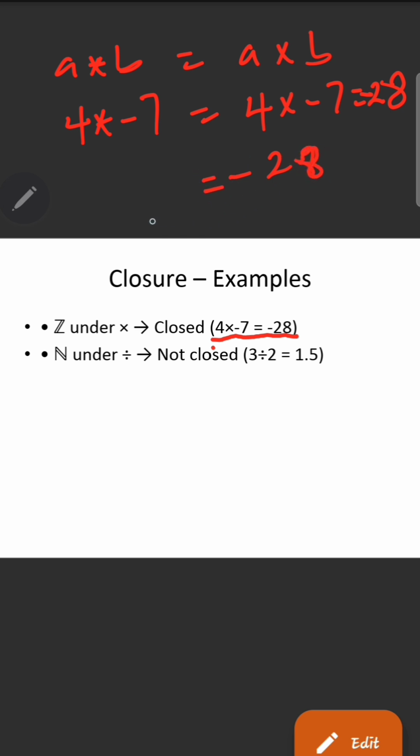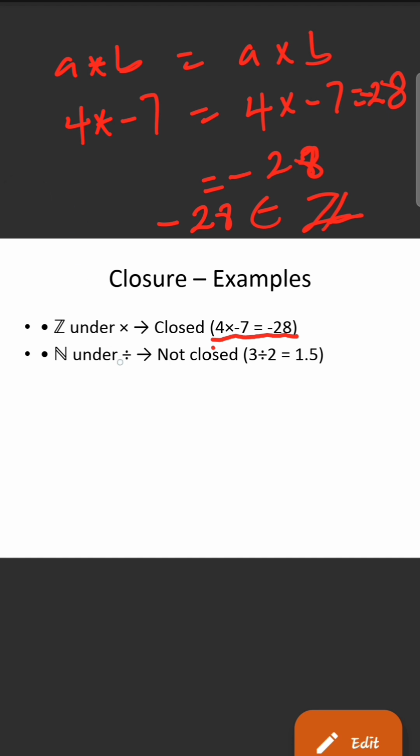So minus 28 is also an element of integers. If you don't forget, integers are positive or negative whole numbers. They are whole numbers, but it comprises both negative and positive. So minus 28 is still an element of integers. So that's why it is closed. It is closed when the result you find is in that set.